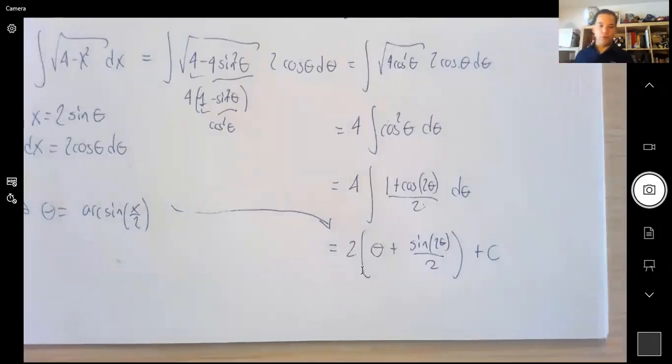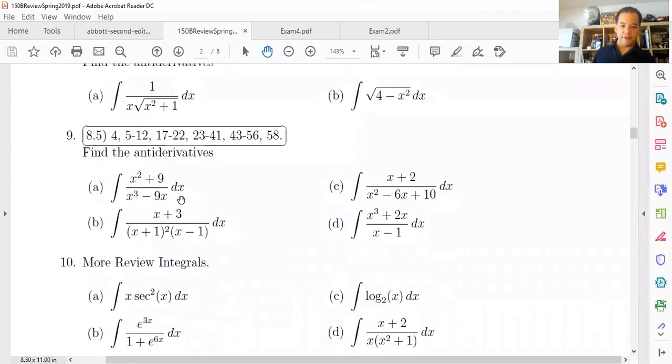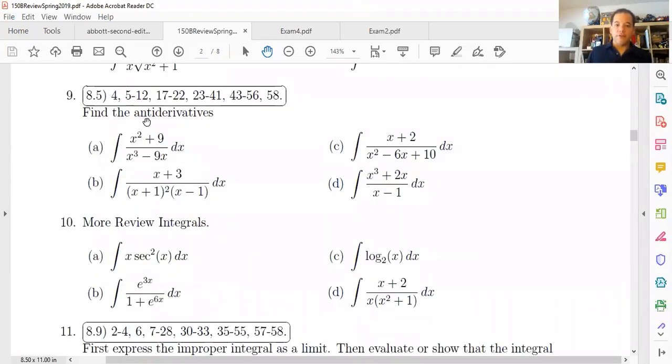Let's move it along. Next issue is partial fractions. Integrals like this of rational functions, right? We have different procedures depending on whether we have something irreducible or not.